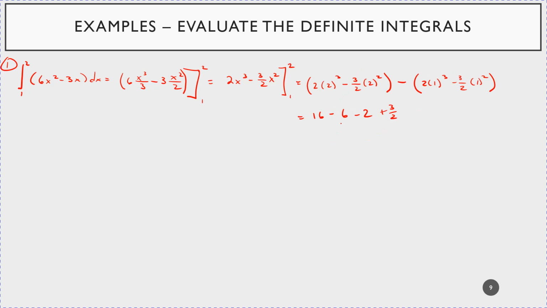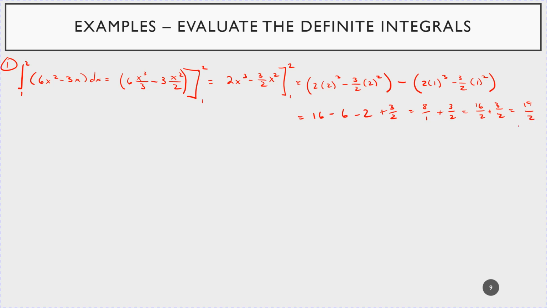Well, look, 16 minus 6 is 10, minus 2, so this gets me just 8 plus 3/2. So this is 16 over 2 plus 3 over 2. This gets me 19 over 2. And that's the answer right there.